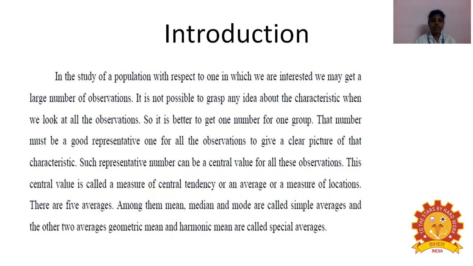So, it is better to get one number for one group. That number must be a good representative one for all the observations to give a clear picture of that characteristic. Such a representative number can be a central value for all these observations.